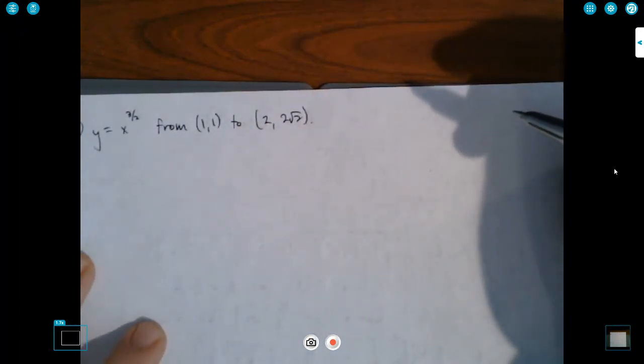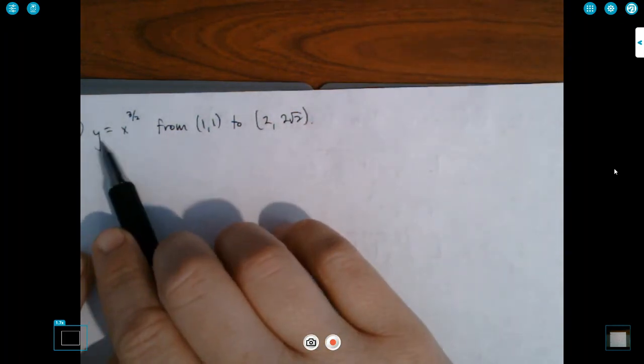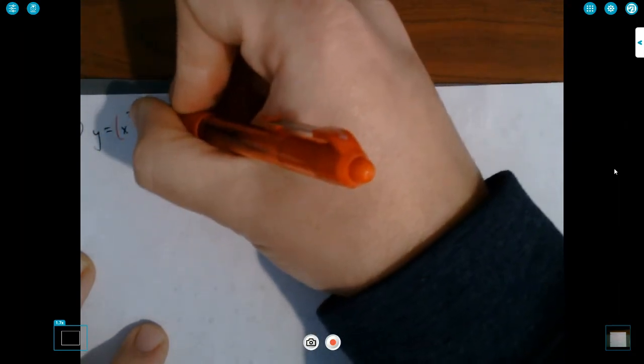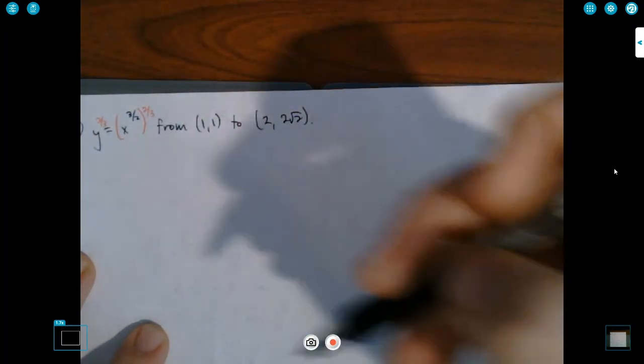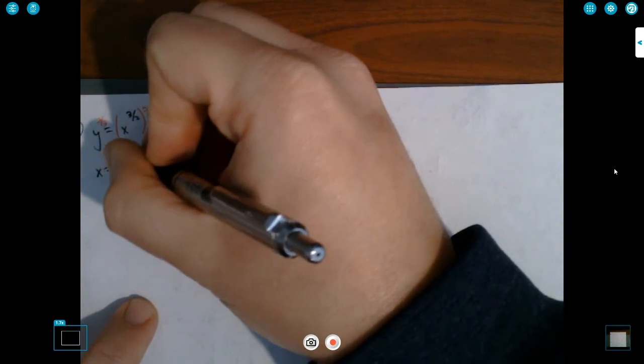Okay, now if we're gonna integrate with respect to y, then we need to solve this for x. So that means that I'm going to have to raise both sides, if I want to get just x by itself, to the 2/3 power, right? So I get x equals y to the 2/3.